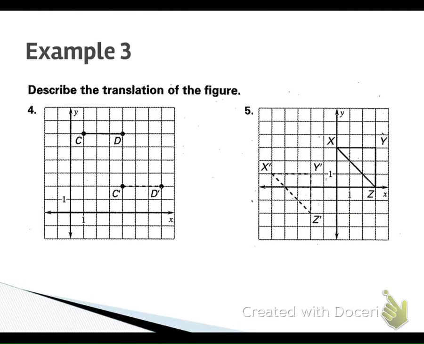So here, once again, we are going to describe this using words. So do you guys want to use C or D? C. So we're going from C to C prime. We're going to draw the line connecting them. So to get from C to C prime, how many units are we moving? 4, and in what direction?